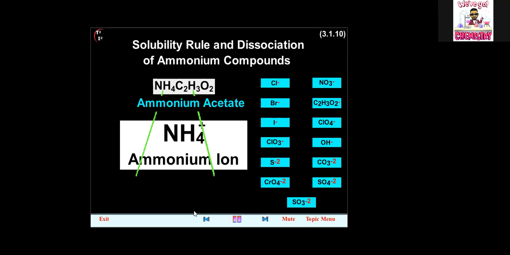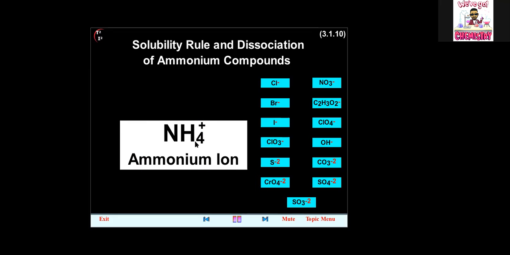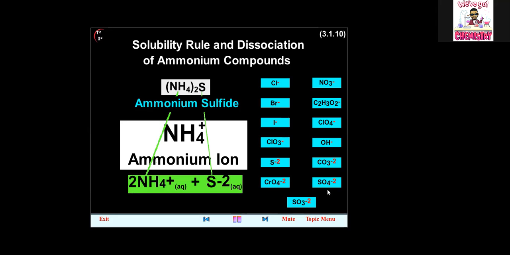When dissolved, it breaks down into NH4+ aqueous and C2H3O2- aqueous. S2-, sulfide ion. Ammonium sulfide is soluble in water. When dissolved, it breaks down into 2 NH4+ aqueous and S2- aqueous.